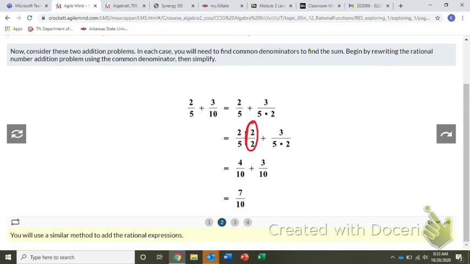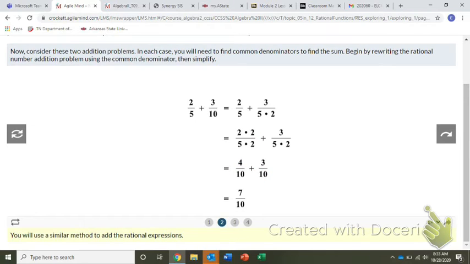They multiplied by 2 on the top and the bottom. Now, they got 10 because they simplified. They said 5 times 2 is 10. Okay? They got 4 because 2 times 2 is 4.